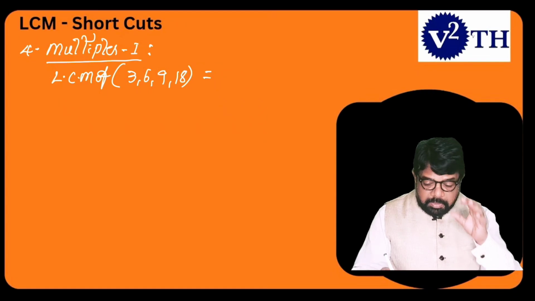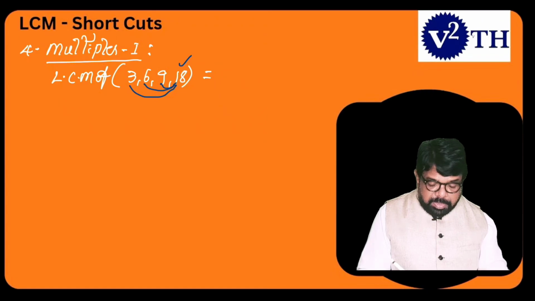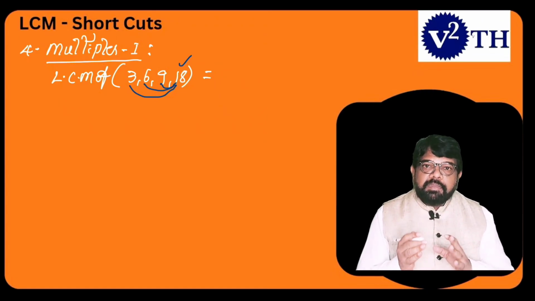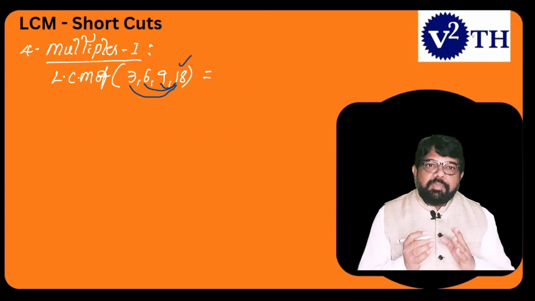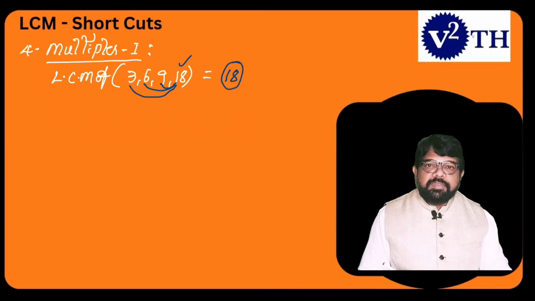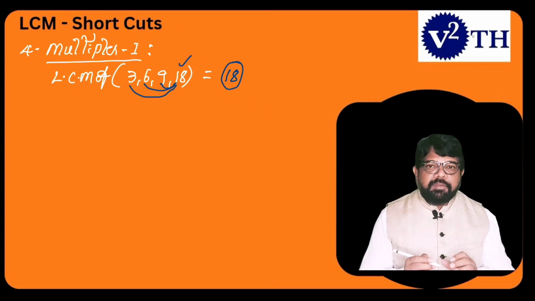By observing here, the last number 18 is divisible by 3, 6, and 9. In the given values, the larger number is exactly divisible by the remaining numbers, so we say that the larger number itself is the LCM. So the LCM of 3, 6, 9, 18 is 18.